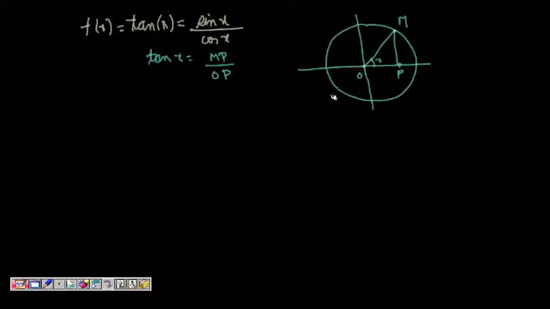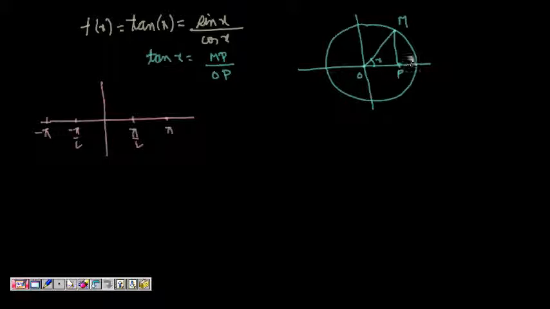Again we will try to plot it for various values: 0, pi by 2, pi, and minus pi by 2, minus pi.